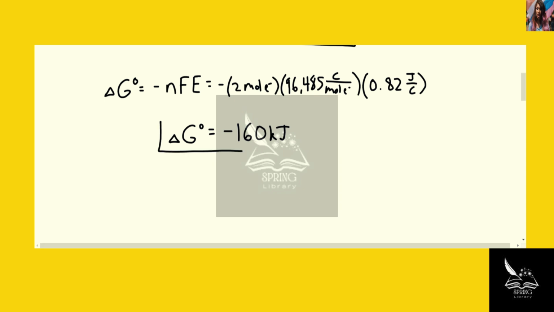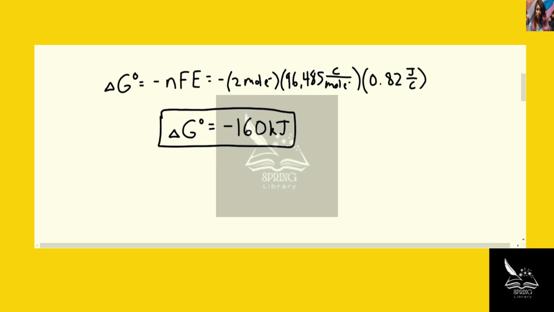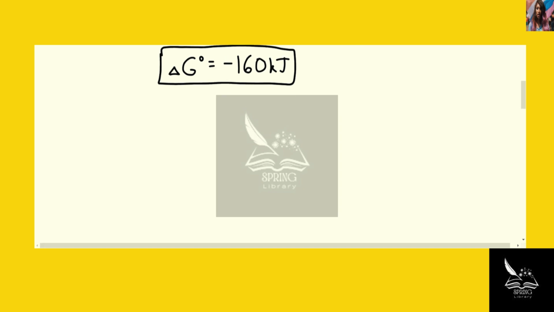And finally, we want to determine for this reaction what the value is of the equilibrium constant K. We know that the non-standard cell potential will be 0 at equilibrium, and the cell potential at standard conditions is 0.82 volts.